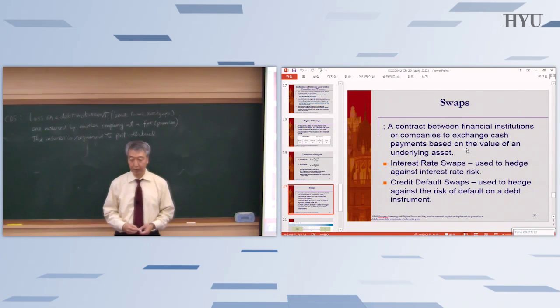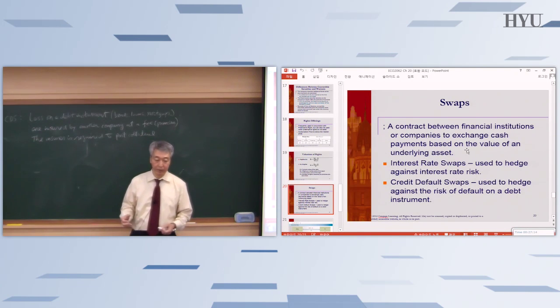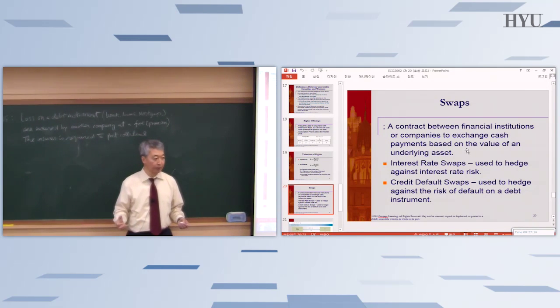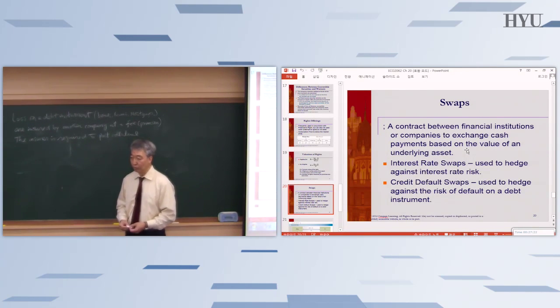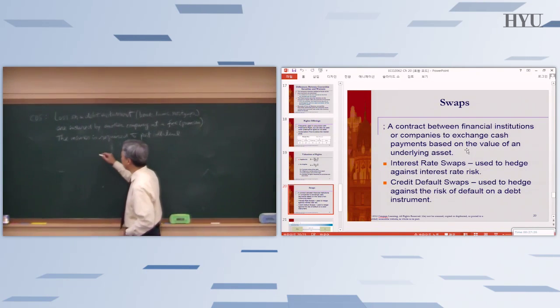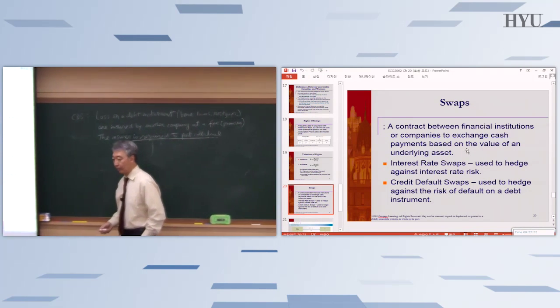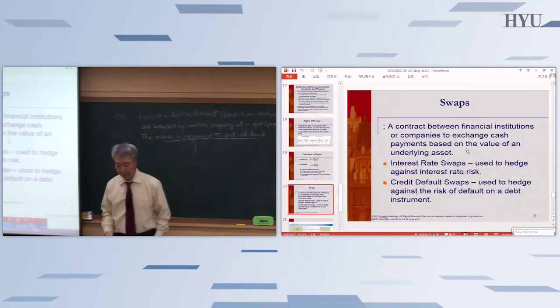But in order to do that, the insurance company has to put aside a certain amount of money so that they will be ready to pay your damage. So the insurer is required to post collateral, or set aside a sufficient amount of capital.